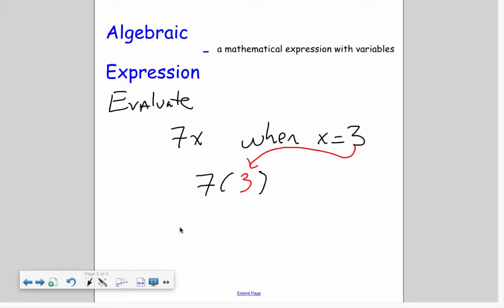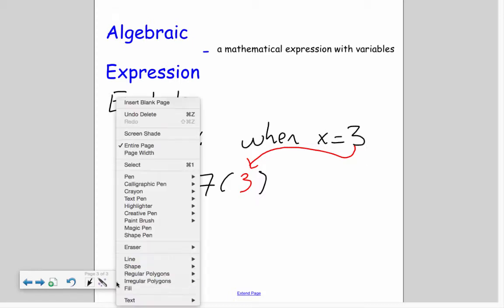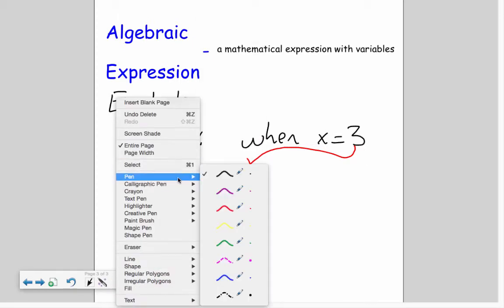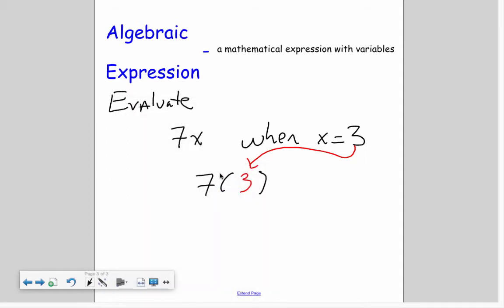Hopefully you remember that from your previous study of algebra. So what I do here is I take just 7 times 3. So 7 times 3 is, you probably said it by now, 21. So 21, and then I circle that final answer.